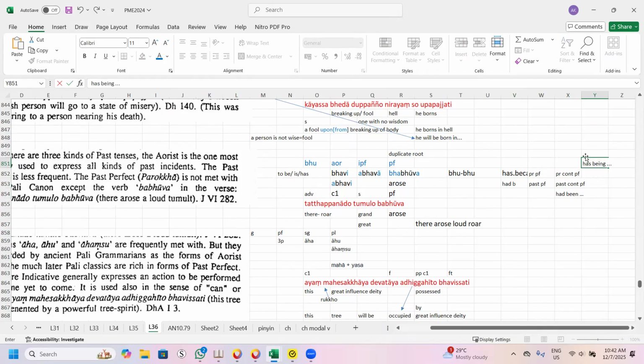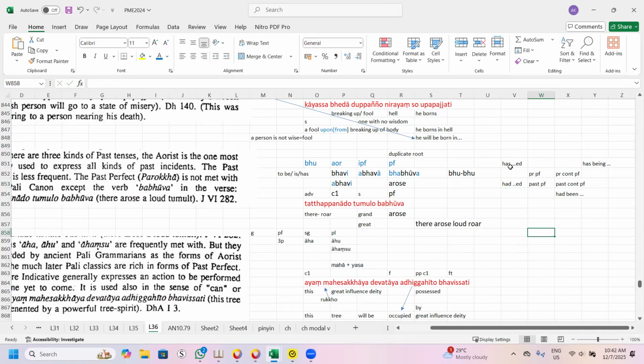If you want to figure out English, has been, had been. You use has plus the verb, verb ending with ed, and then you get had. This is the classification of the past tense.